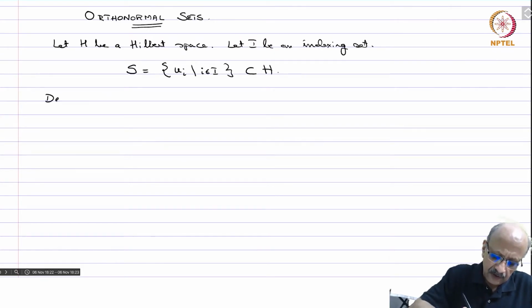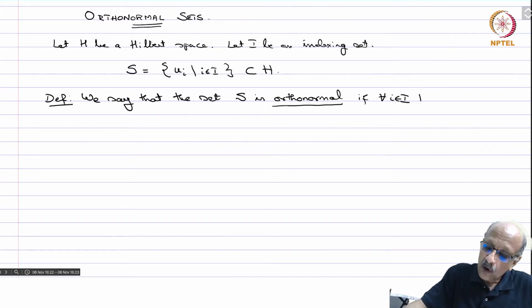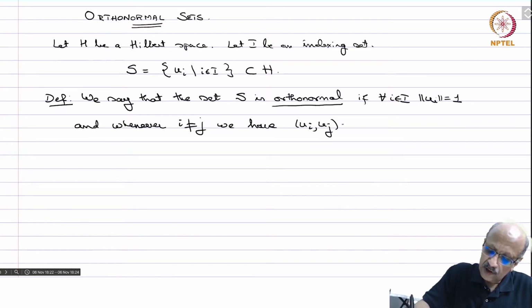Okay, so definition, we say that the set S is orthonormal if for every i in I, norm ui equal to 1, so that is the normal part, every vector is normalized, so every vector is a unit vector, and whenever i is different from j, we have ui inner product uj equal to 0.